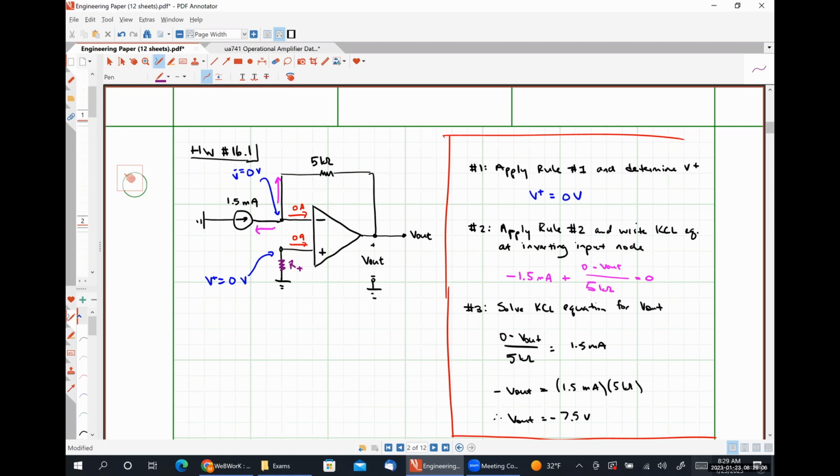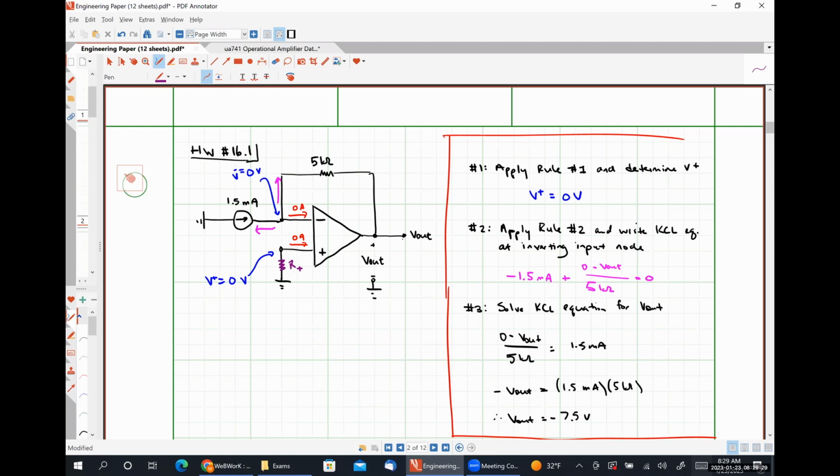Okay. So practically speaking, there's absolutely a reason to put it there. From an analysis perspective, it doesn't really do anything. So if you see a resistor directly between your non-inverting input terminal and ground, since no current flows through it, no voltage drop occurs across it, and we can effectively ignore it.